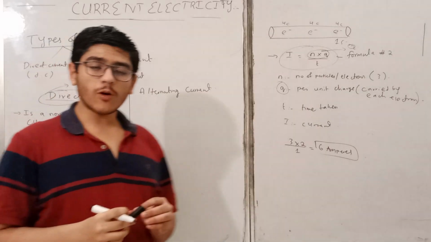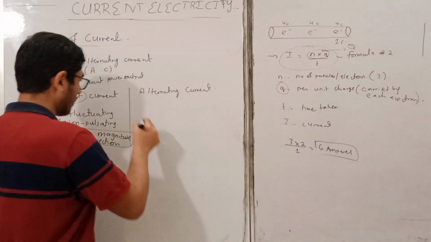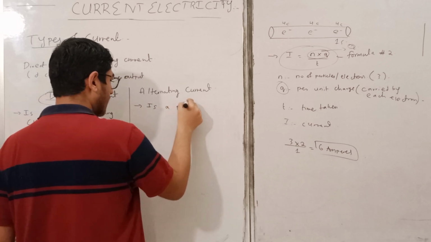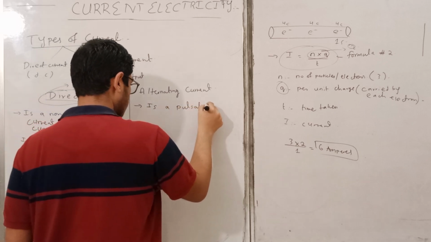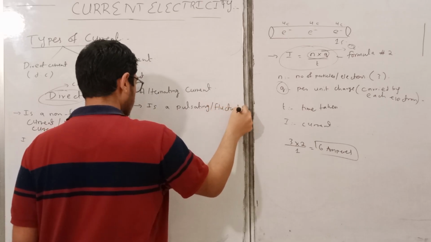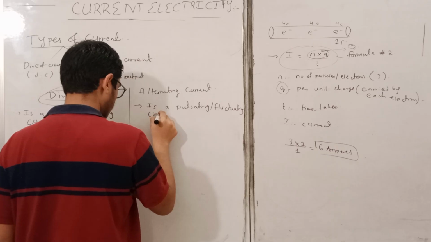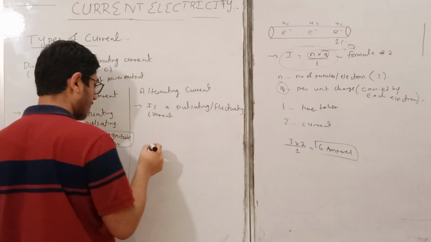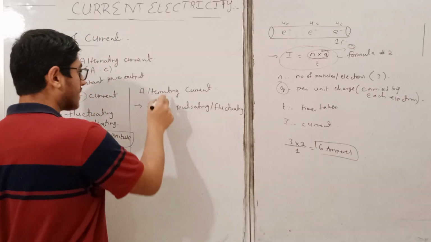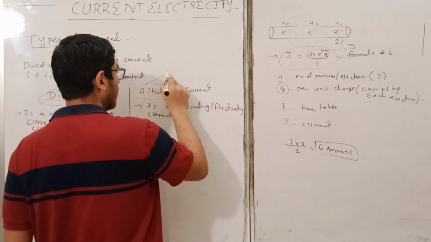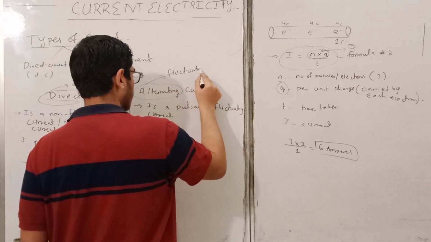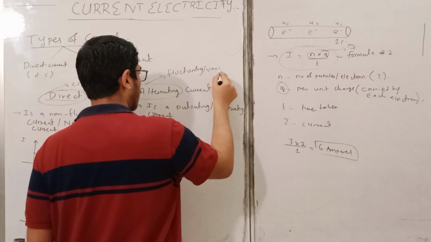The second type of current is alternating current. Alternating current is a pulsating or fluctuating current. This means it does not give a constant power output. It gives fluctuating, or you can say variable, power output.